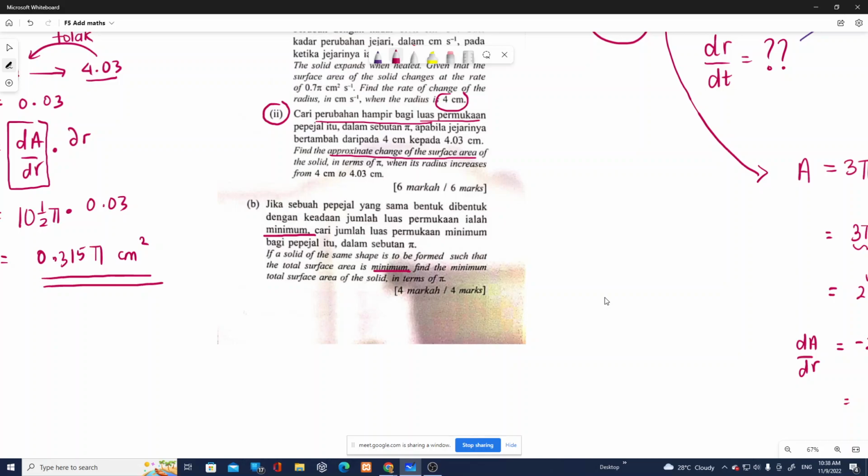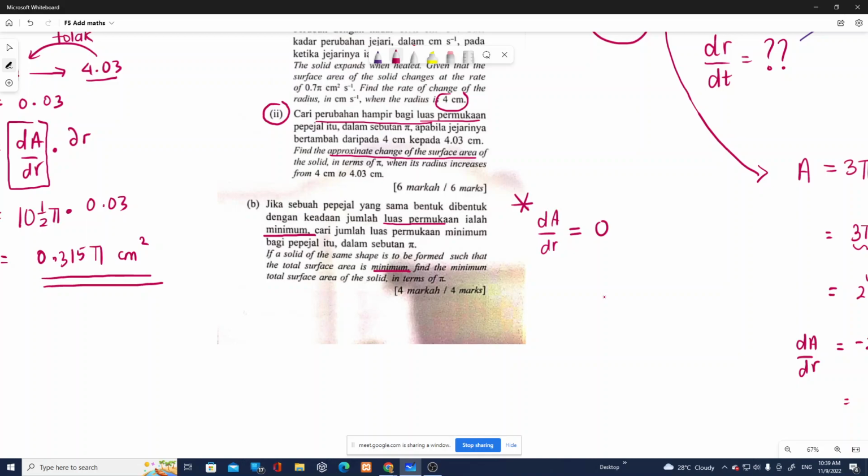Not more than 0, not less than 0, but must be 0. Okay, so di sini dia kata luas permukaan. Cari jumlah luas permukaan yang minimum bagi pepejal itu. So, kita nak tentukan apakah jejari apabila luas permukaan adalah minimum. Kita nak tahu apakah jejari, iaitu kita punya dA bahagi dR kena samakan dengan kosong. Ini untuk soalan minimum ataupun kalau ada maksimum. So, this is very important.